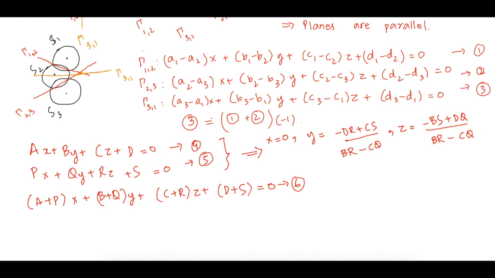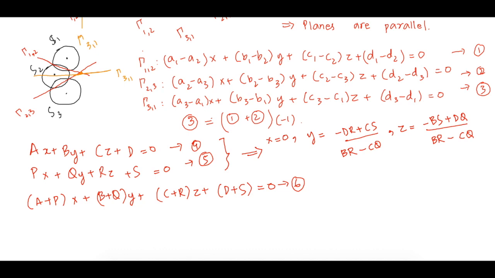Okay, now if this is the point on both these lines, it means this is the point in the plane gamma 1 2 and gamma 2 3, then our question is whether this is the point on gamma 3 1 or not. So what do we do?